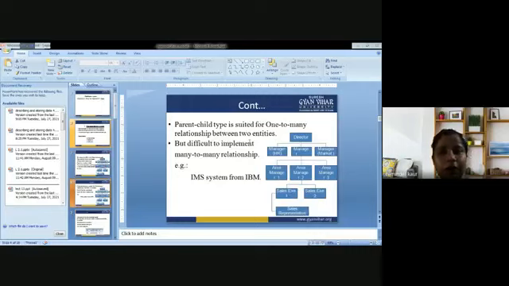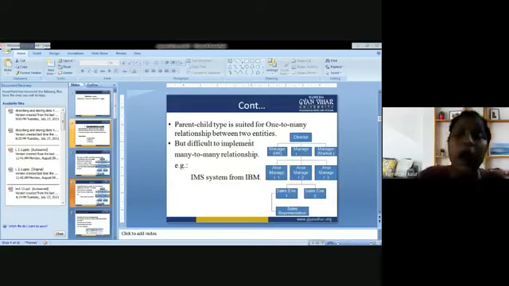It is difficult to implement a many-to-many relationship. For example, IMS, the Information Management System from IBM, is complex to maintain because it has many-to-many relationships. Now, what does many-to-many relationship mean? Let's simplify it: many students are querying many teachers, or there could be a relationship defined on behalf of the query.